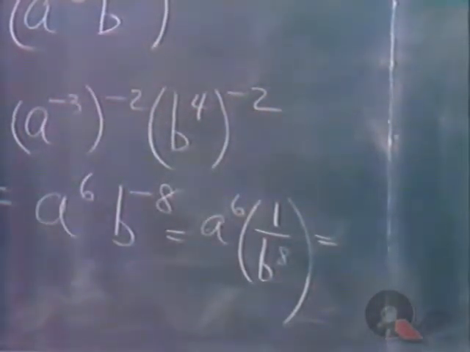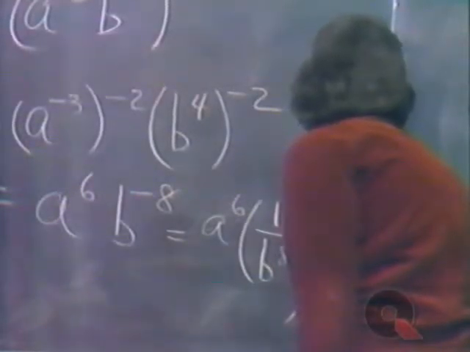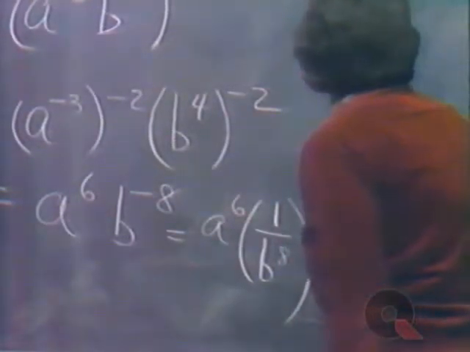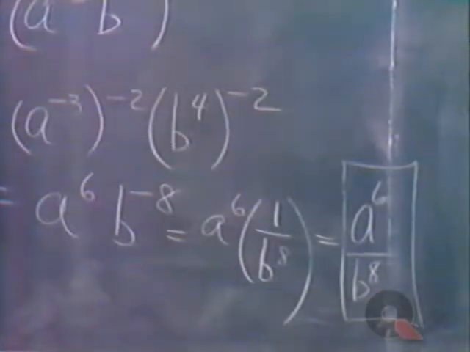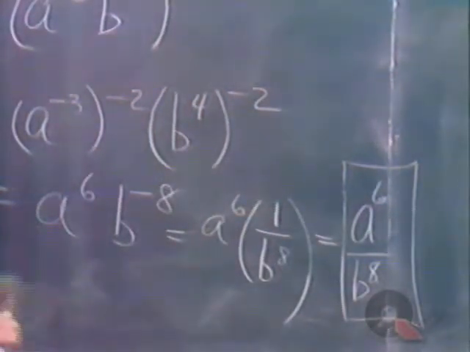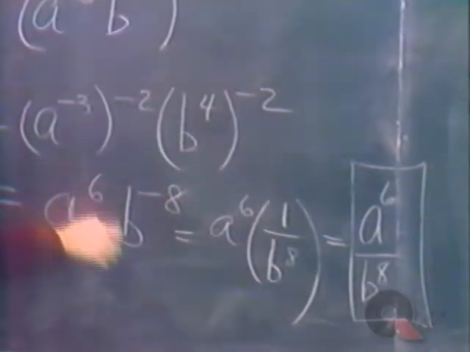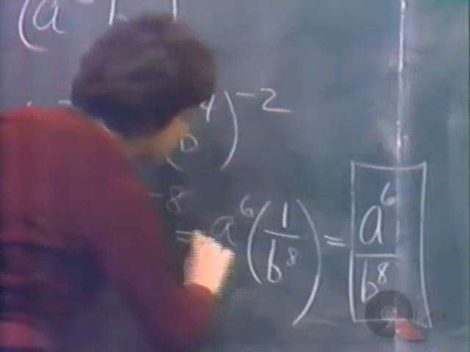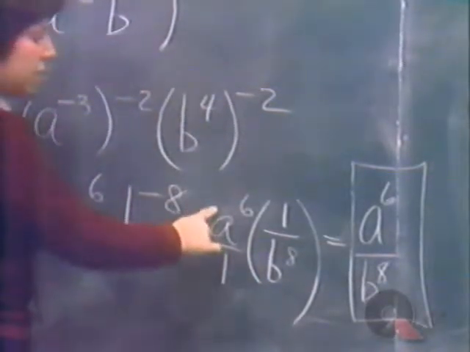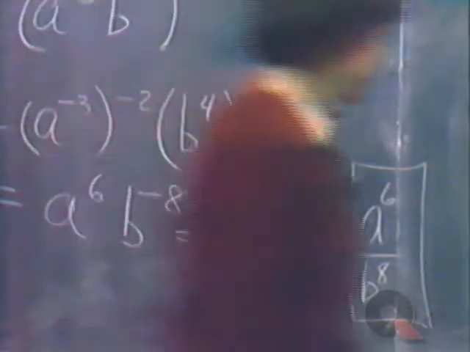So our final answer comes out a to the 6th over b to the 8th. Remember, we're really multiplying fractions in the sense that a to the 6th is really a to the 6th over 1. So we have a to the 6th times 1, divided by 1 times b to the 8th.